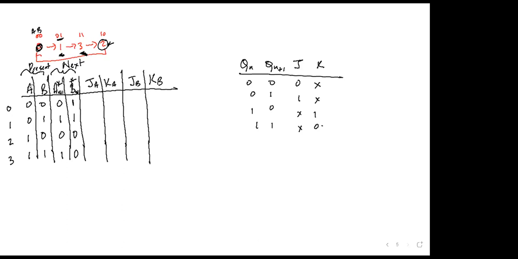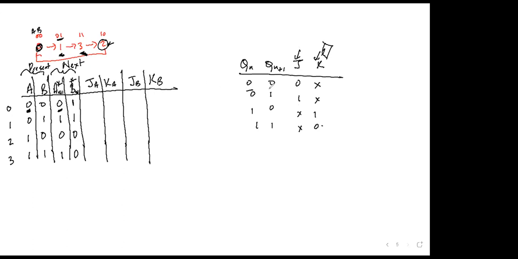So now, let's examine the A's because we want to find out what are the J and the K values. We want to look and see what are the J and K values that will cause the transition for A. So if we look at the A here, this is 0 and it remains as 0. So what are the values of J and K that will say 0 and remain at 0?